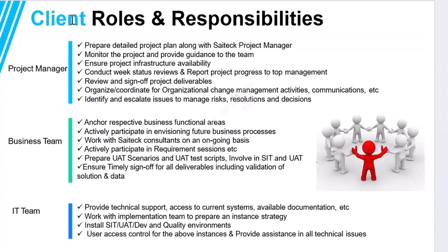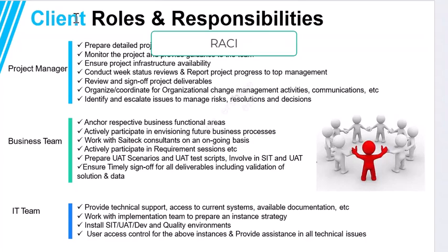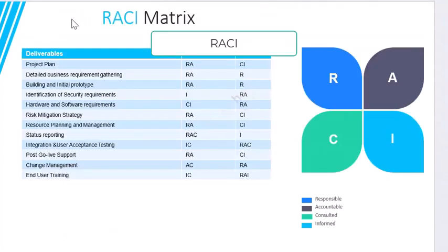After that, once you define the roles and responsibilities, you go for a RACI matrix. We call it RACI. R is responsible, A is accountable, C is consulted, I is informed. When you say responsible, that means you are responsible.